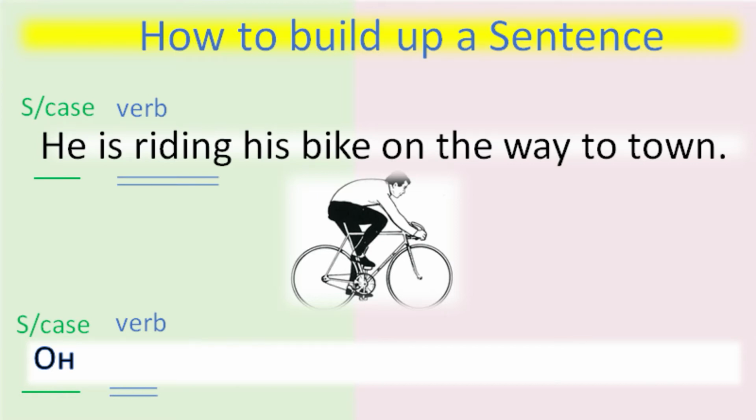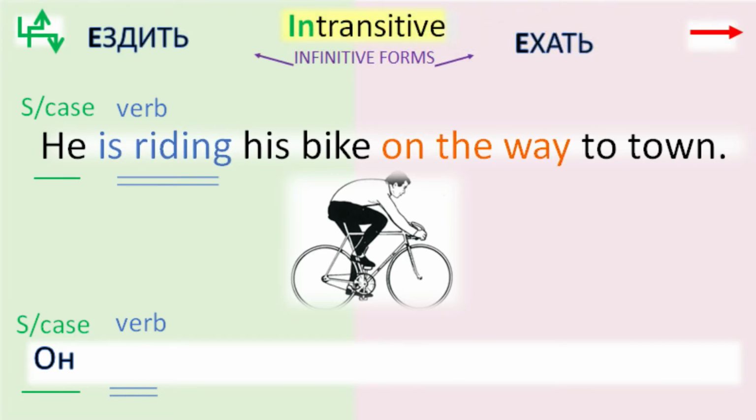The verb is stated next. Here the verb is an intransitive verb of motion which has two infinitive forms, multidirectional Ездить and unidirectional Ехать. See Grammar 6. Now you decide which one is needed for this sentence.